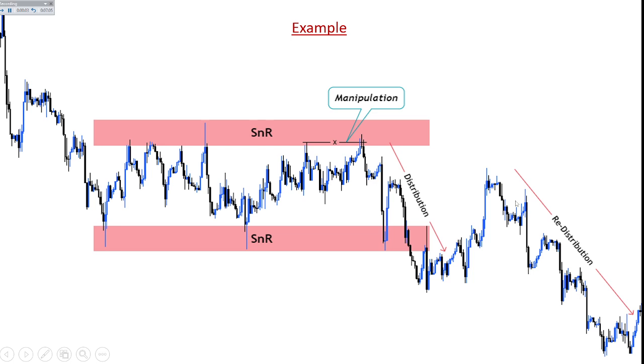Now this is a live example of what I've been explaining. In this case you probably see the market has been trending down and you had the market stuck in a range. In this range you probably had this resistance. You have first, second, third, fourth, fifth, sixth, and you probably have the eighth touch right here.